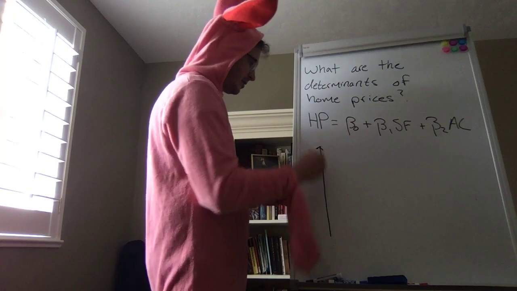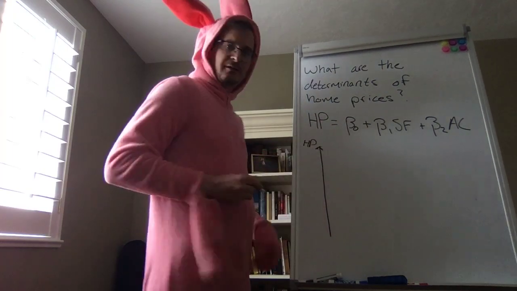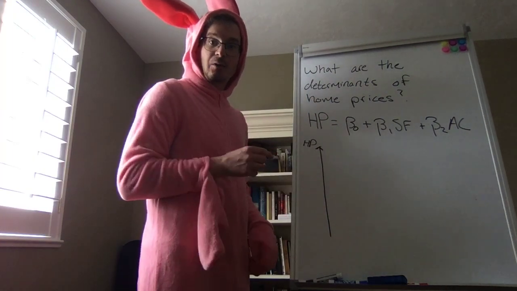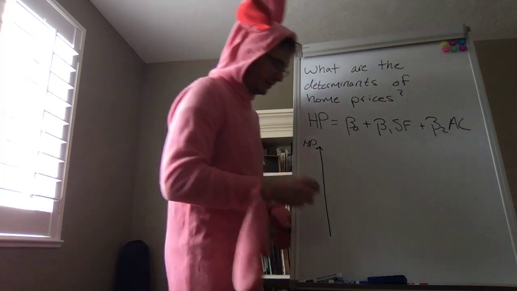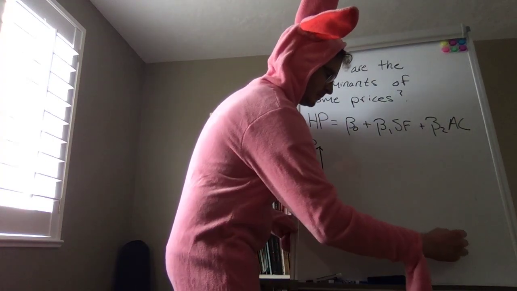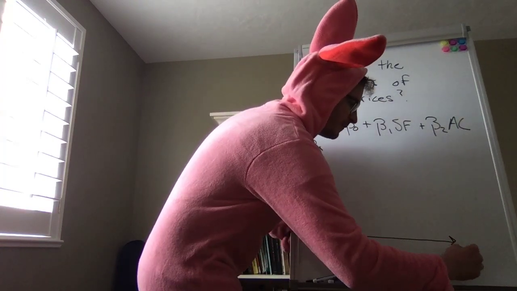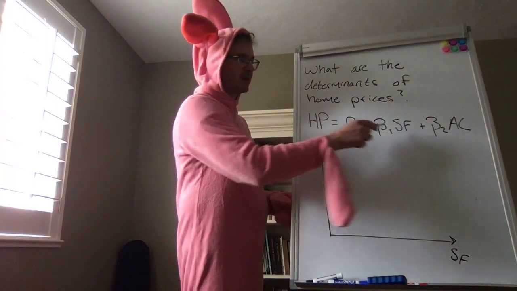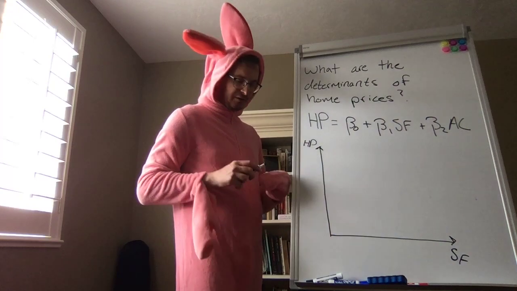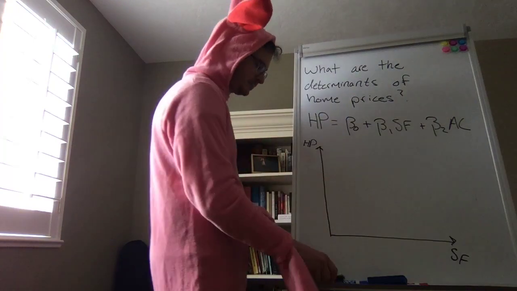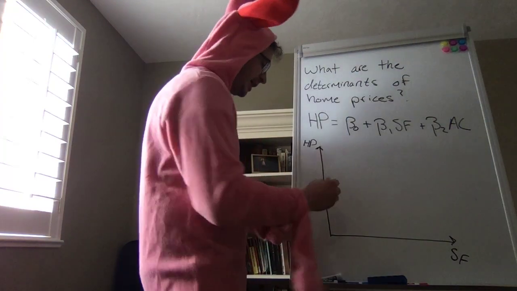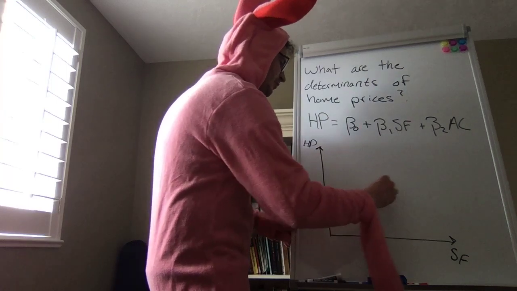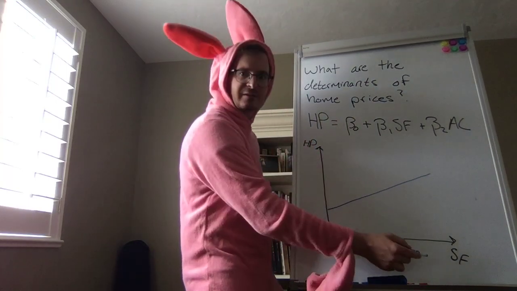We want house price on that axis because that's our dependent variable, and we'll have square feet over here. Notice I'm using the numerical independent variable to draw this graph. Presumably we have an upward slope of house price in square feet.